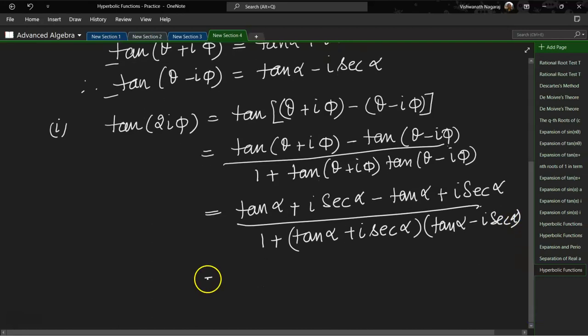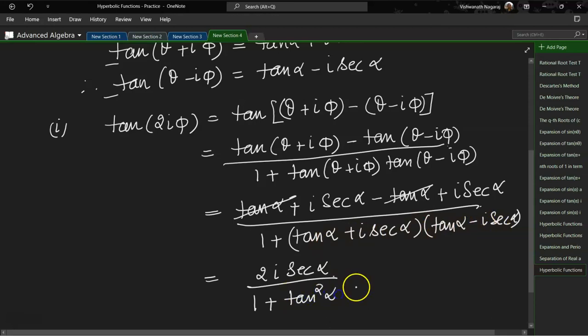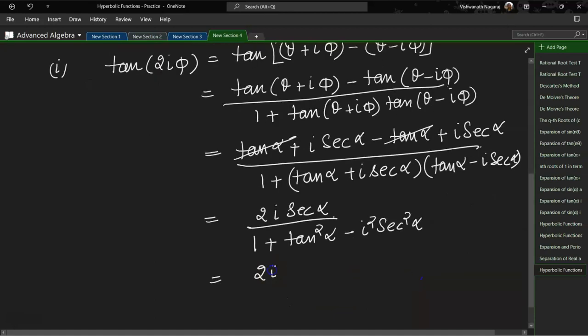Now what happens? Tan alpha and tan alpha disappear, so we are left with 2i sec alpha divided by 1 plus (A plus B)(A minus B). So tan square alpha minus i square sec square alpha. 2i sec alpha by 1 plus tan square alpha is sec square alpha, minus i square is minus 1, minus into minus plus sec square alpha.